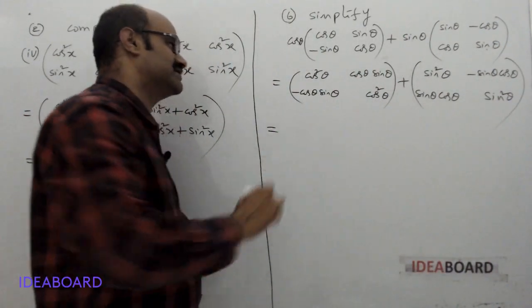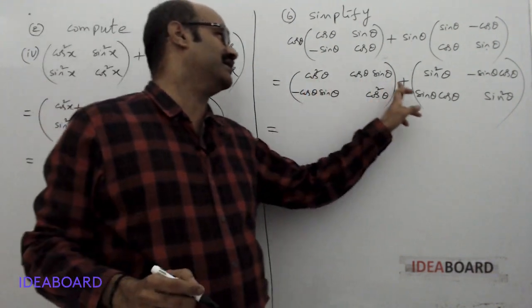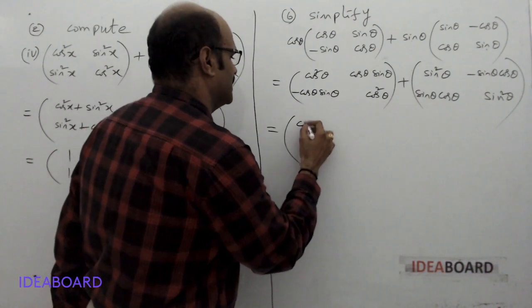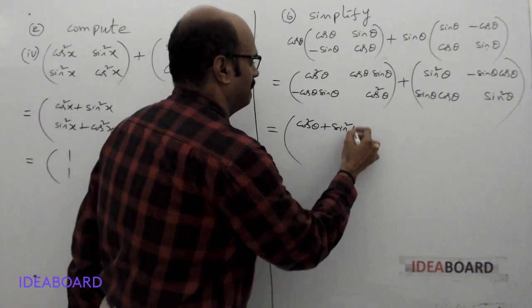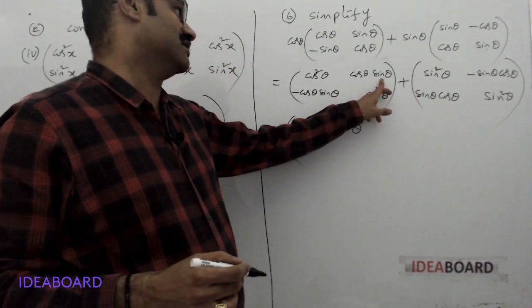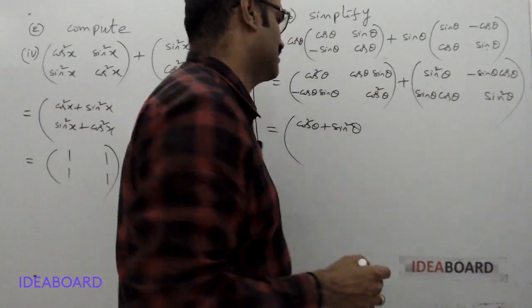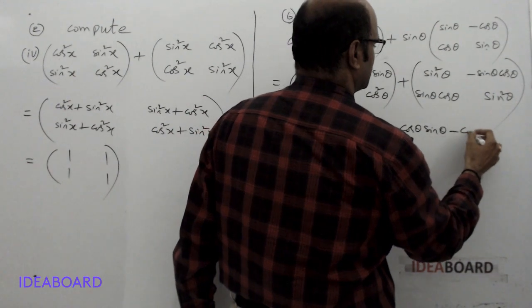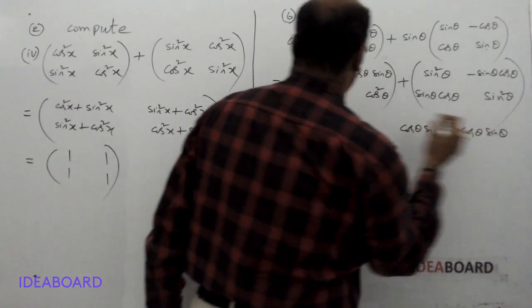By adding these two matrices, we get cos square theta plus sin square theta here. So cos square theta plus sin square theta, cos theta sin theta minus sin theta cos theta, minus cos theta sin theta.